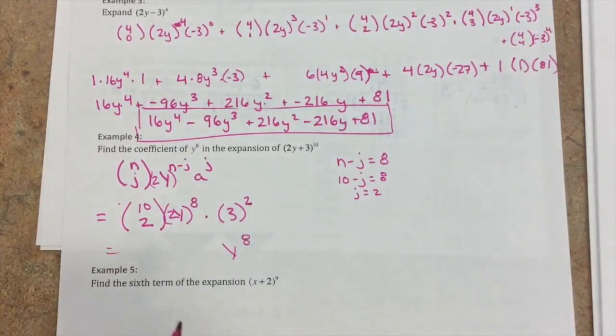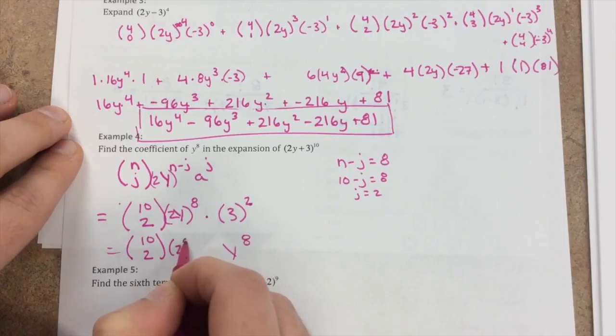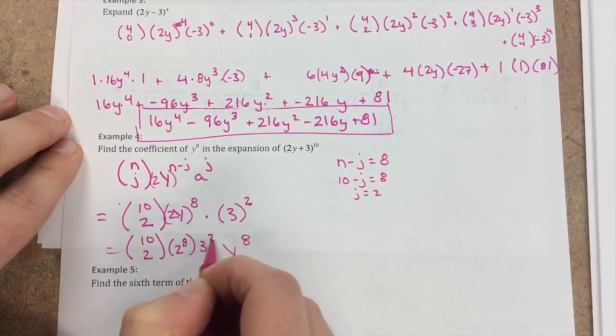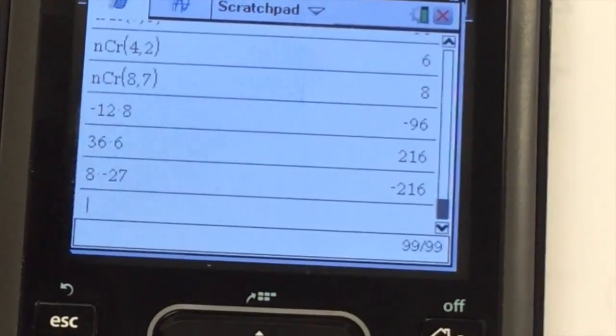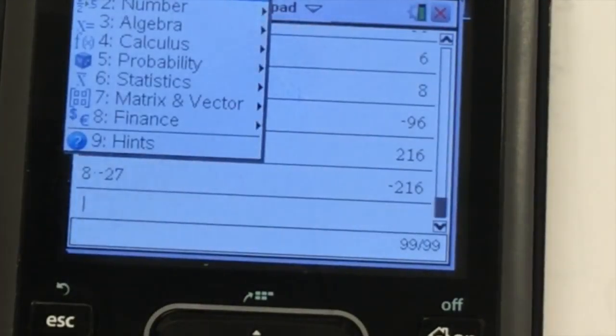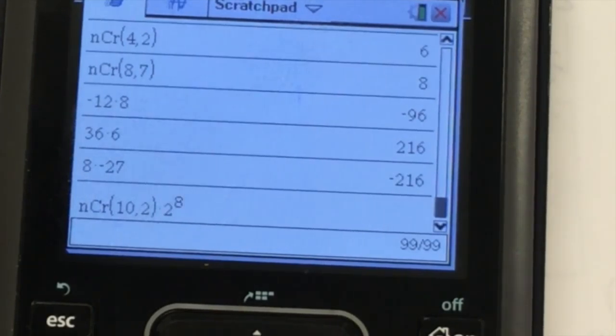And really, we know that this is going to come out with something to the y to the 8th. So really, if I just go to my calculator, I'm going to calculate 10 choose 2 times 2 to the 8th times 3 to the 2nd. So I'm going to go here. I'm going to hit Menu, Probability, Combinations, 10 choose 2 times 2 to the 8th times 3 squared.